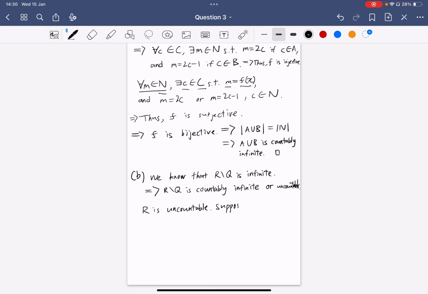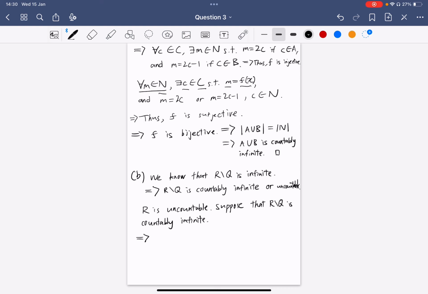Suppose that R minus Q is countably infinite, right? Just for the sake of argument.